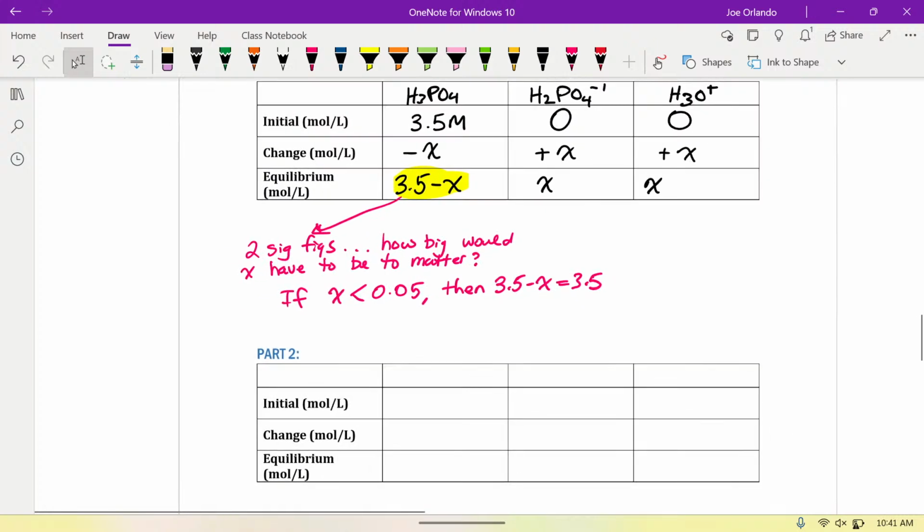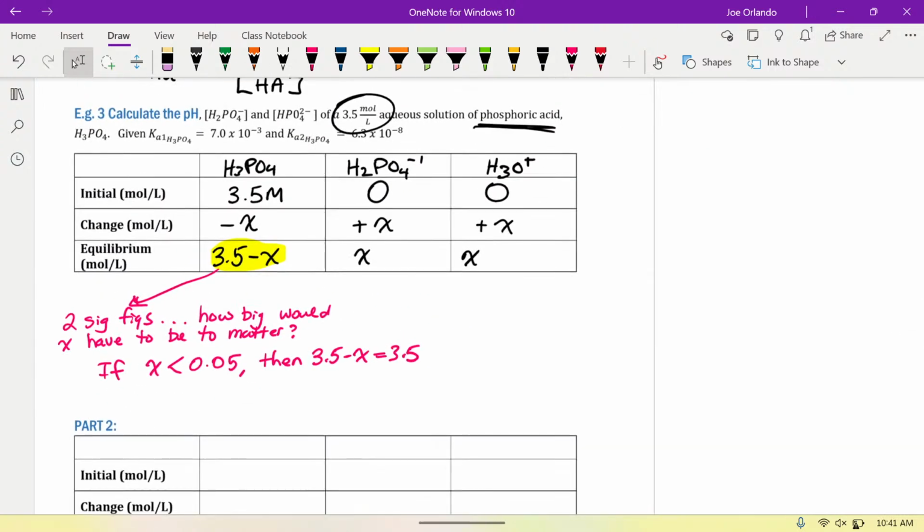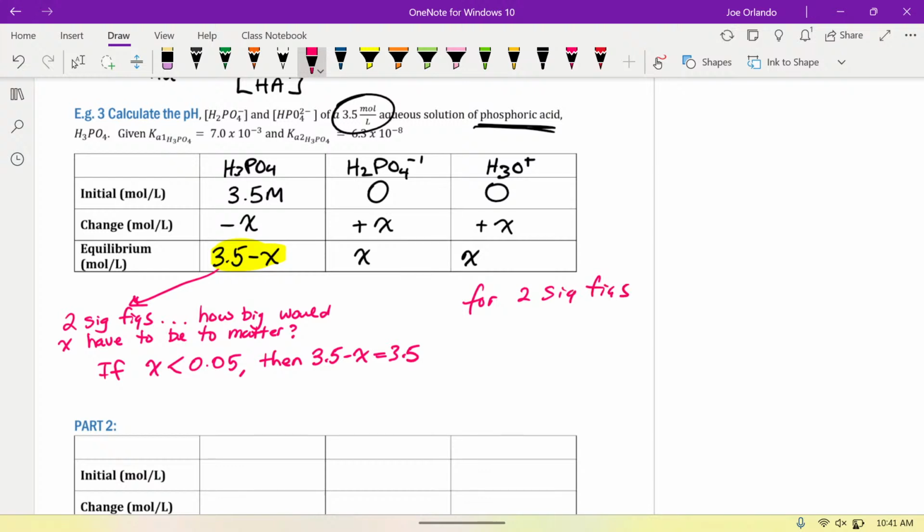So here's the rough estimate. For 2 sig figs, if we take the concentration of our acid and divide it by our Ka, if that's bigger than 500, in other words, if we have a lot of acid and we're not going to use a lot of it, then we can say that the concentration of HA minus X will just equal the concentration of HA.